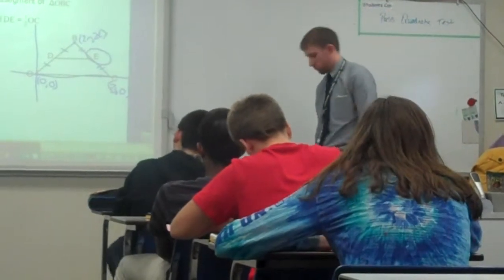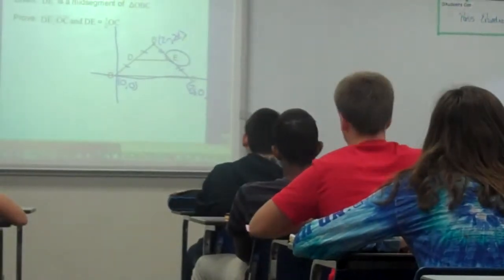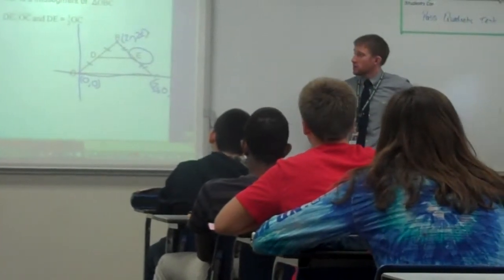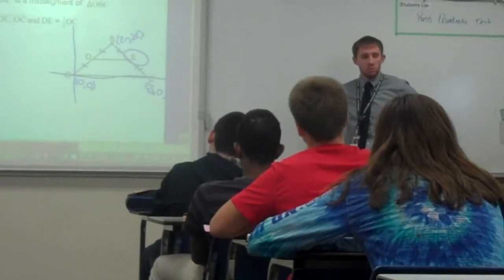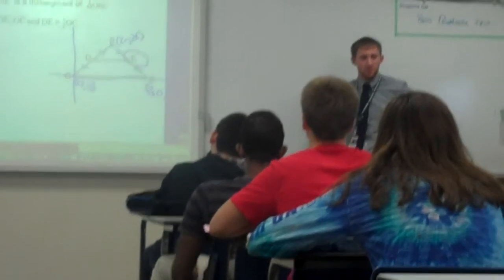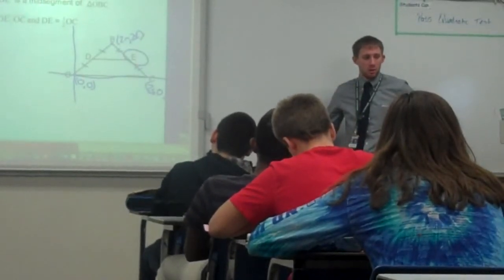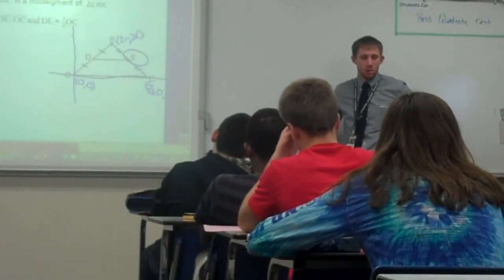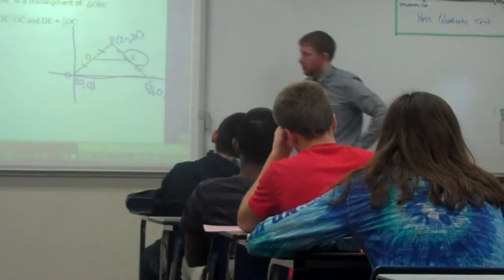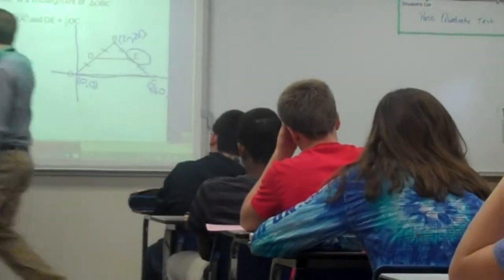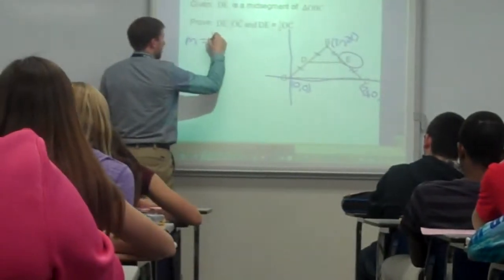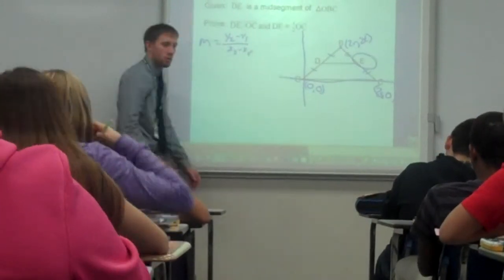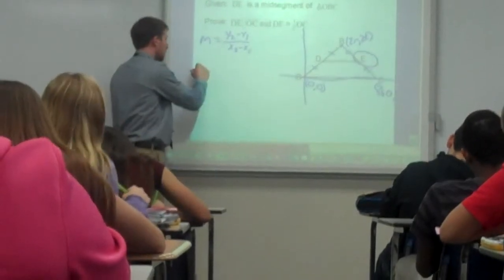Okay. Apparently I can't hold on to this thing today. Do we want to try to prove they're parallel first, or that the midsegment is equal to half the opposite side? Parallel? Okay. Remember your slope formula? What is slope? Rise over run. So y2 minus y1 over x2 minus x1. Okay, what is our slope for DE?